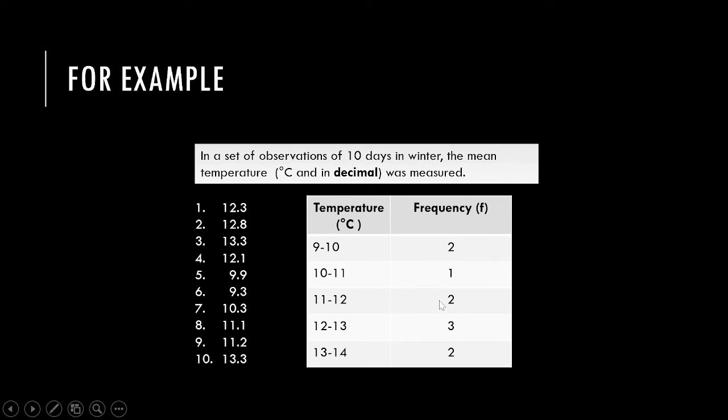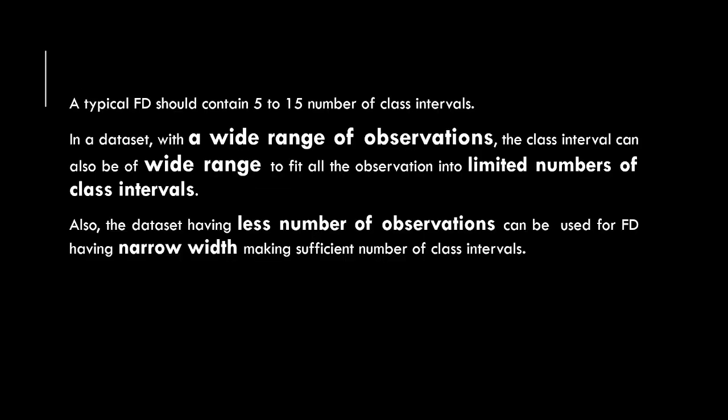A typical frequency distribution should contain 5 to 15 rows. It shouldn't be more than that or less than that. When there is a wide range of observations, you can make the table having wide class intervals. Making wide class intervals will fit all the observations in a limited number of rows.